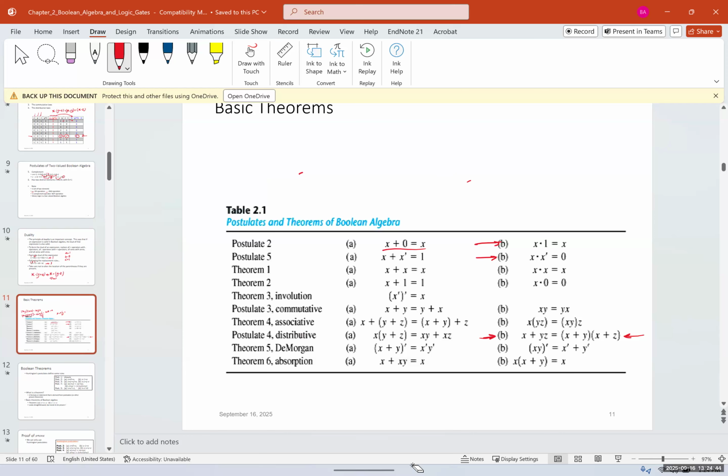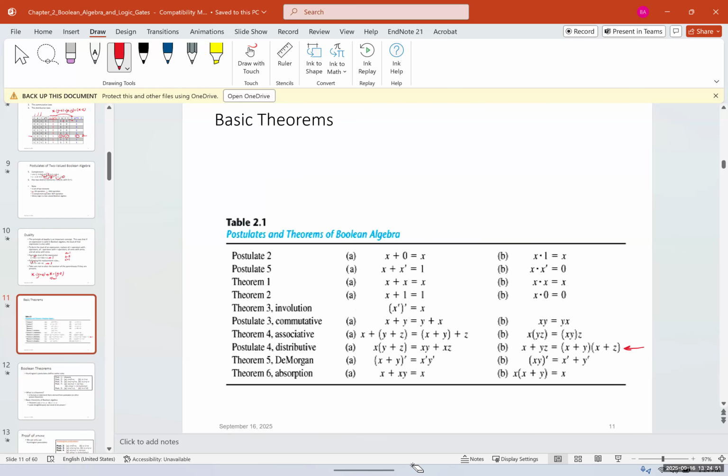Now, this table shows us all the postulates of Boolean algebra and the basic theorems. And this is a very, very important table. This shows different postulates. You can see postulate number 2, x plus 0 gives us x, x plus x prime gives us 1, x plus x gives us x, x plus 1 gives us 1, and so on. And then we have different theorems, theorem 1, 2, 3, and you can see different postulates.